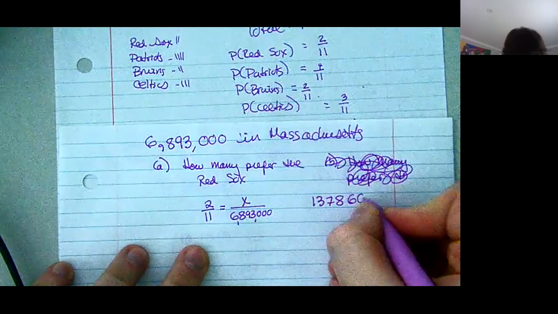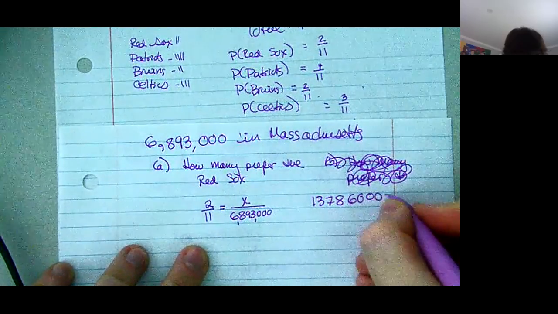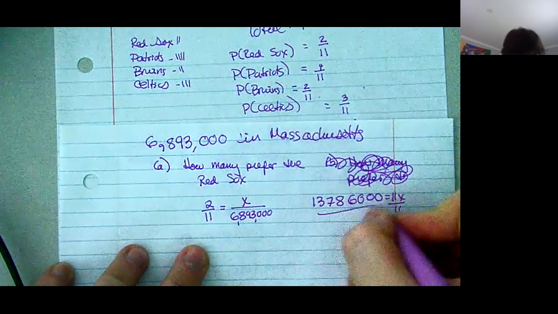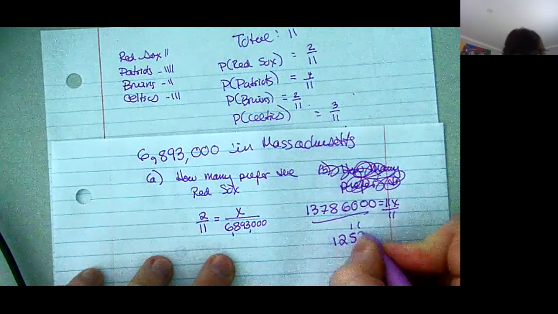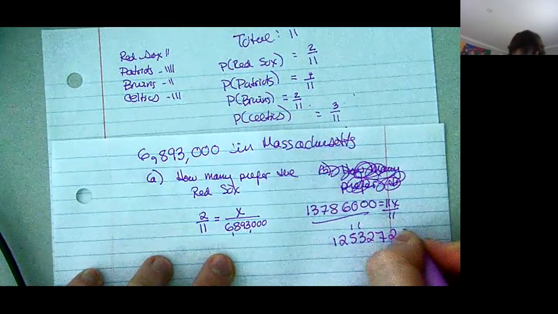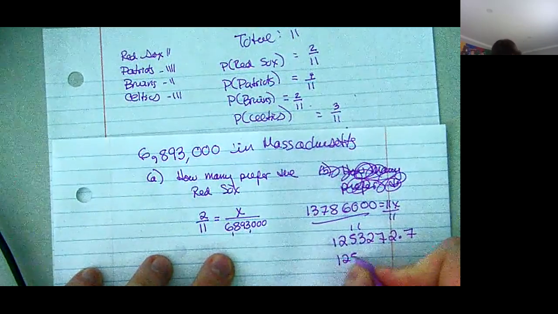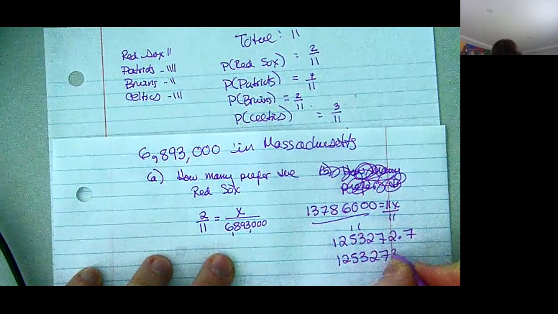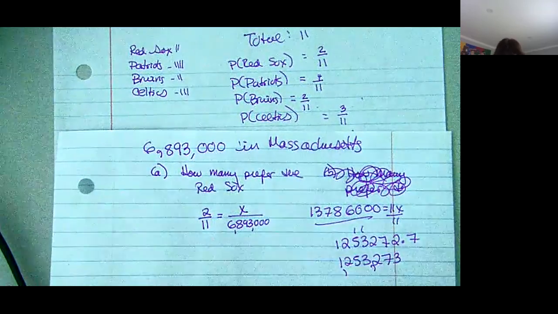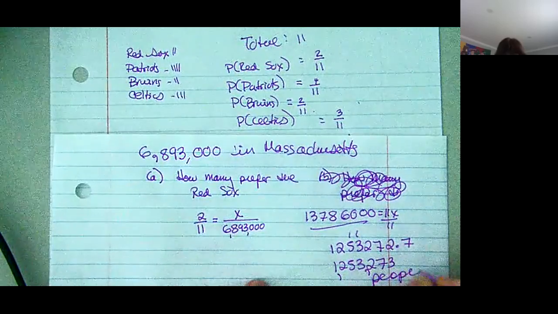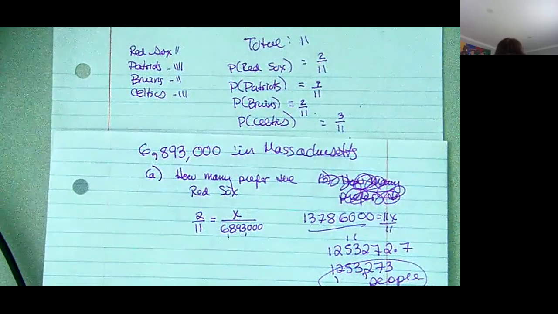We should get something like this. We're then going to divide by 11. We're going to get this mess, 0.7. It's going to get rounded up. I think we can predict that about 1,253,273 people in Massachusetts, their favorite Massachusetts team is the Red Sox.